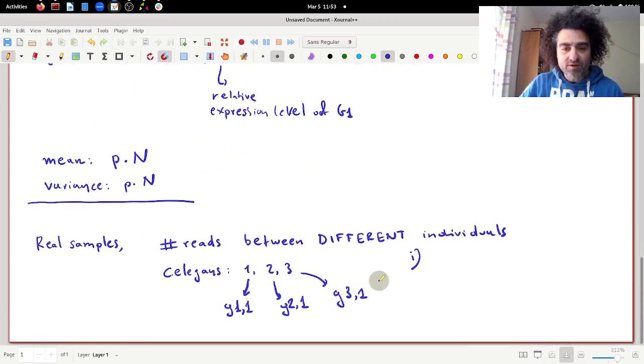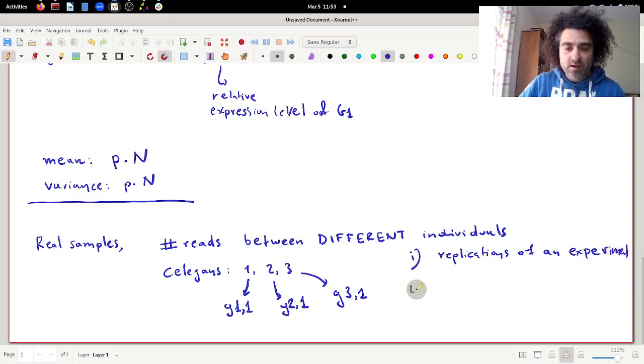So a part of the difference is because we repeat the experiment. I will just write here replications of an experiment, and because the number of reads is a random variable, we will get a different result every time of an experiment. And number 2 is because there is a biological difference between the individuals.